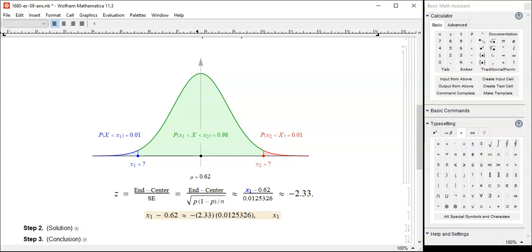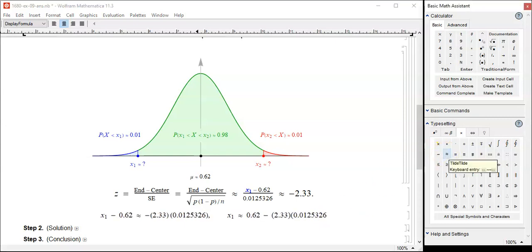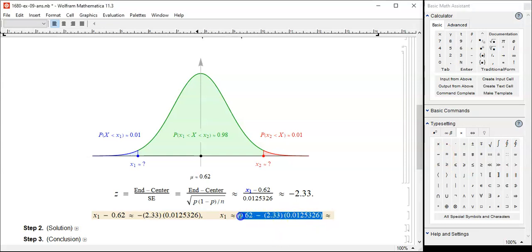So x1 is therefore 0.662 minus this computation, and let's figure it out using a calculator.